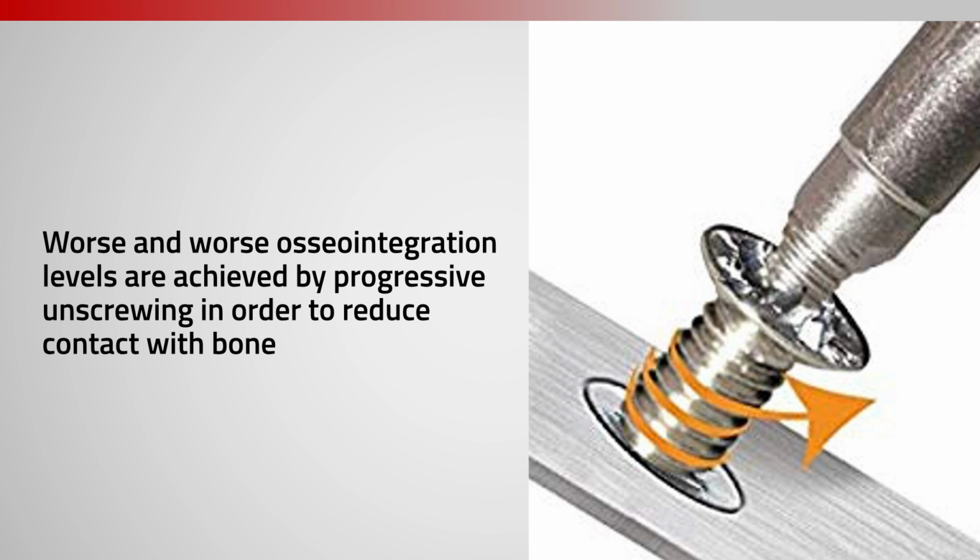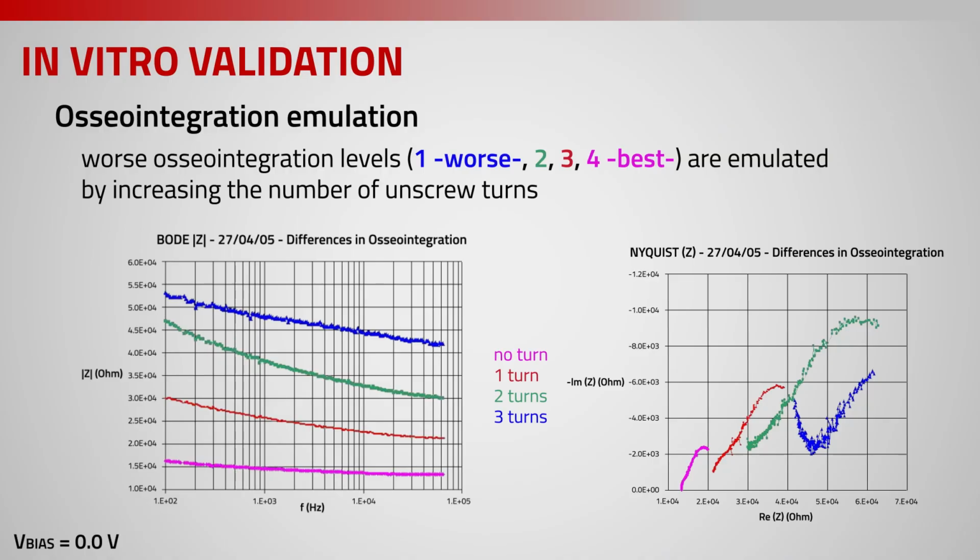In particular, the more the screw is unscrewed, the worse the level of osseointegration, because the contact between the screw and the bone is worse. Here you can see the results of the in vitro validation.